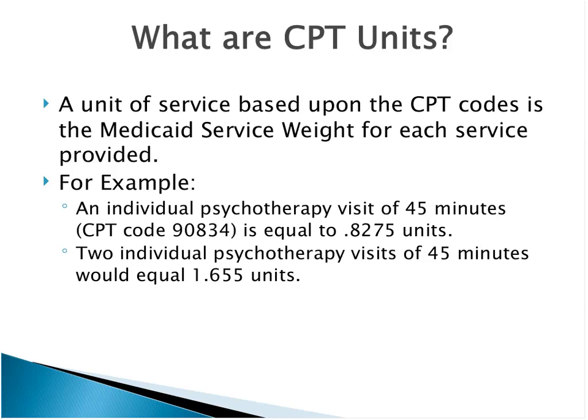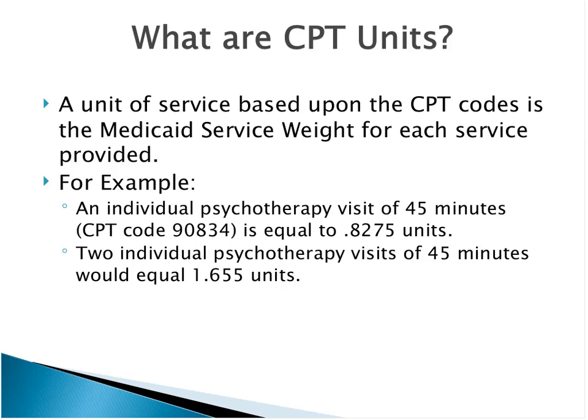So as an example, if you take a look at a 90834, which is an individual psychotherapy visit of 45 minutes, the CPT weight for that is 0.8275. So when one of your clinical staff provides an individual therapy visit of 45 minutes, they would basically be awarded 0.8275 of a unit of service.